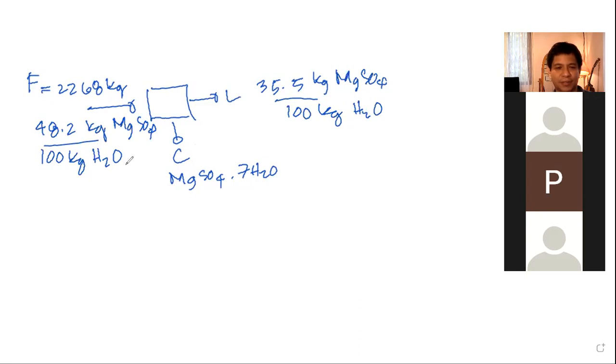So how do you find C? Ganun ang step natin, mag-overall mass balance tayo. F is equal to L plus C. Wala naman kasi tayong B. So just substitute 2,268 kilogram equals L plus C. Tapos magnesium sulfate balance tayo.